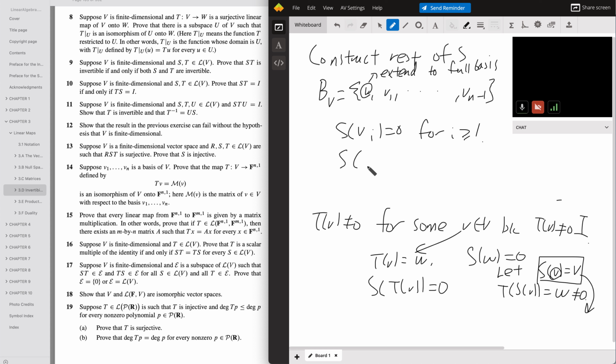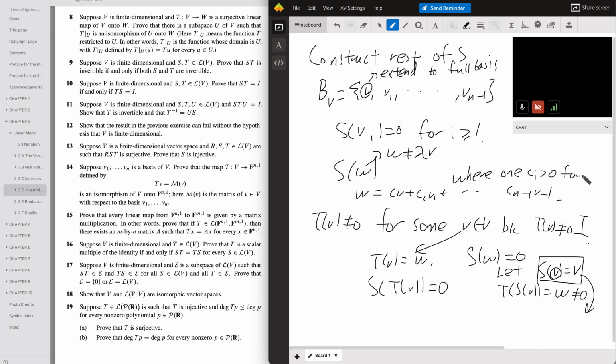But what we know to be a fact, perhaps, is that S of W, but W is not a multiple of V. So, in fact, it must be written as a linear combination of some other elements, potentially plus V, which means W can be written as, let's say, cV plus the rest, where one of the ci is not 0.